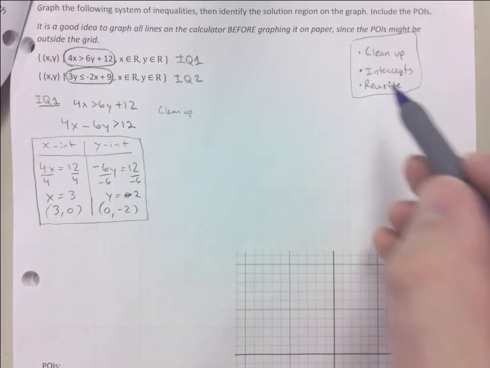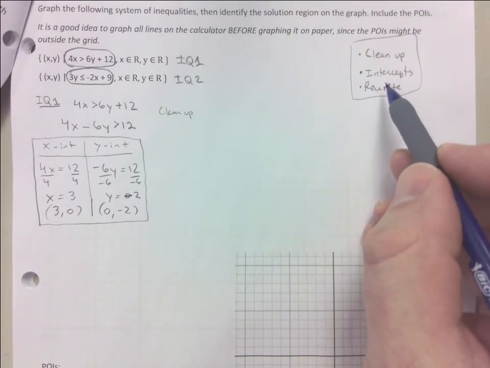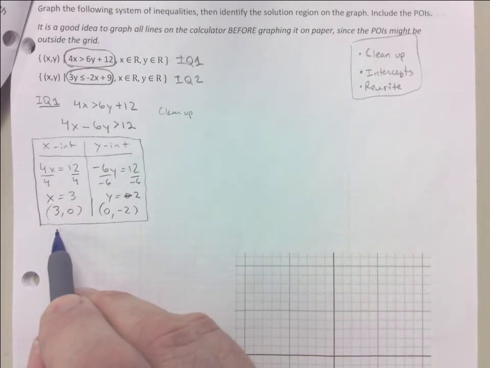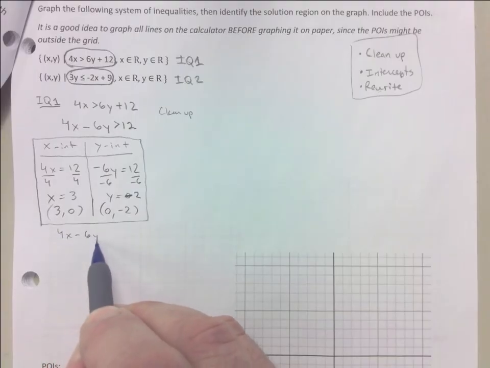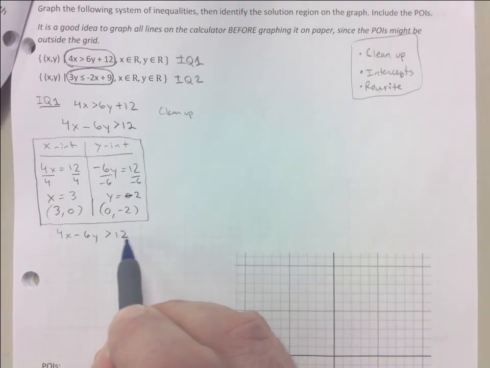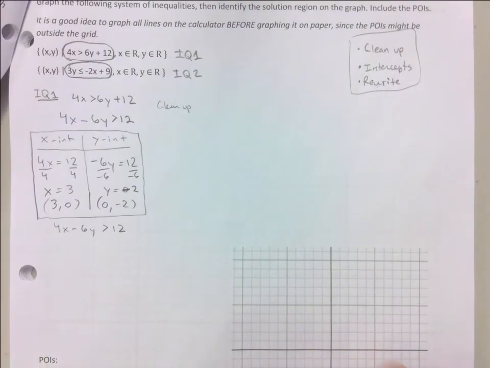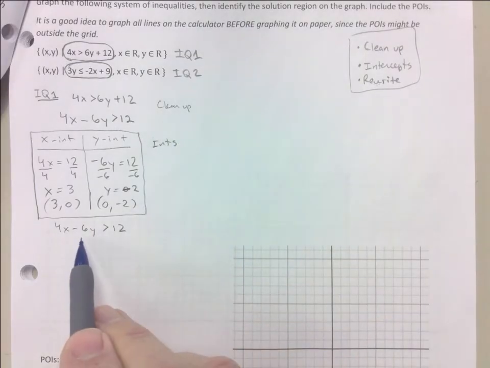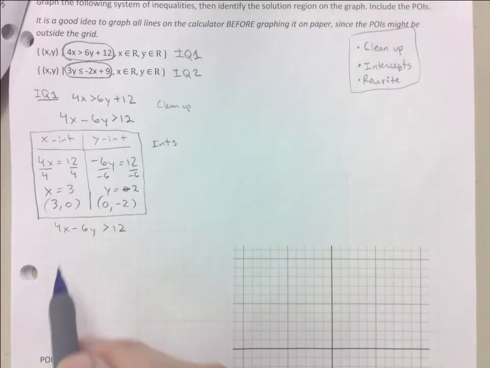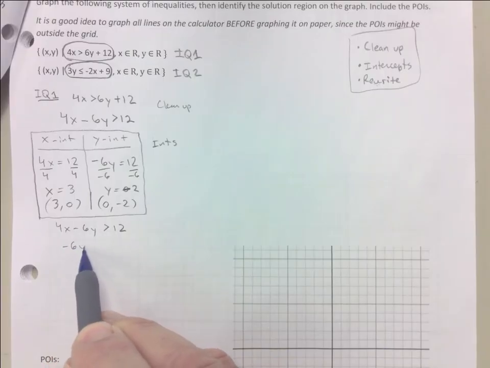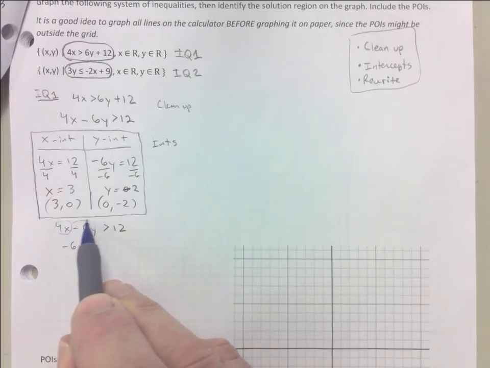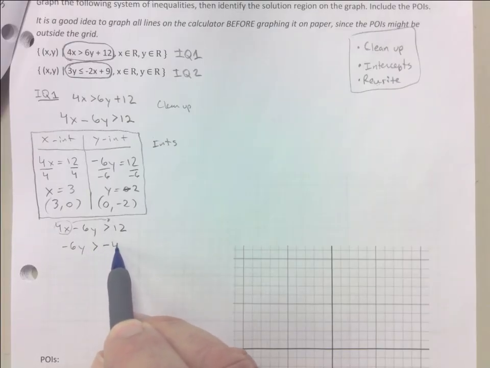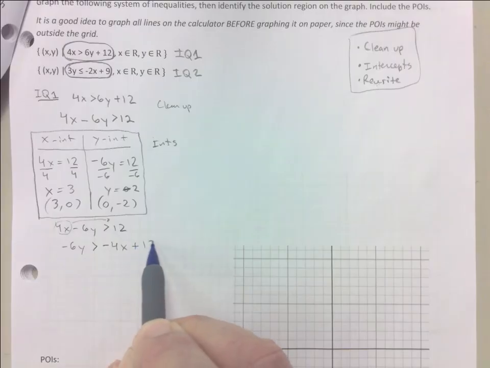What's the last step? The third is rewrite. So I take the 4x minus 6y is greater than 12. So intercepts, and let's rewrite. Negative 6y. I bring the 4x over to the other side, so it's negative 4x plus 12.